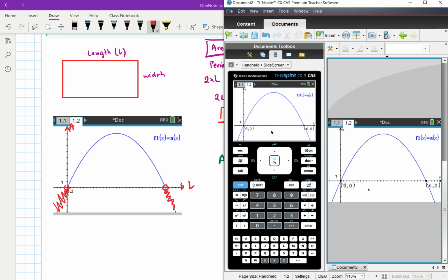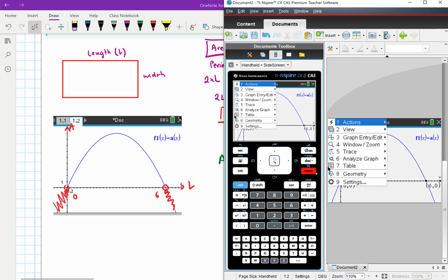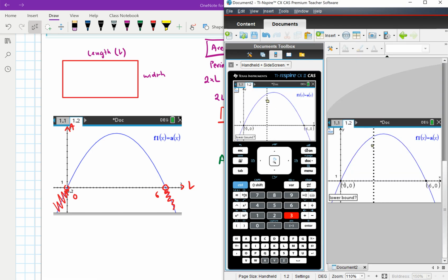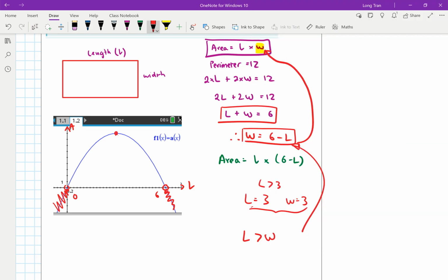Oh, sorry, I shouldn't confuse you anymore. That's just to find the x-intercept and y-intercept. So 0, 6. Our job is just to find the maximum. Let's just do that. Menu, 6, maximum, and there you go: 3, 9. So now I know that the top here is when x is 3, maximum area is 9.